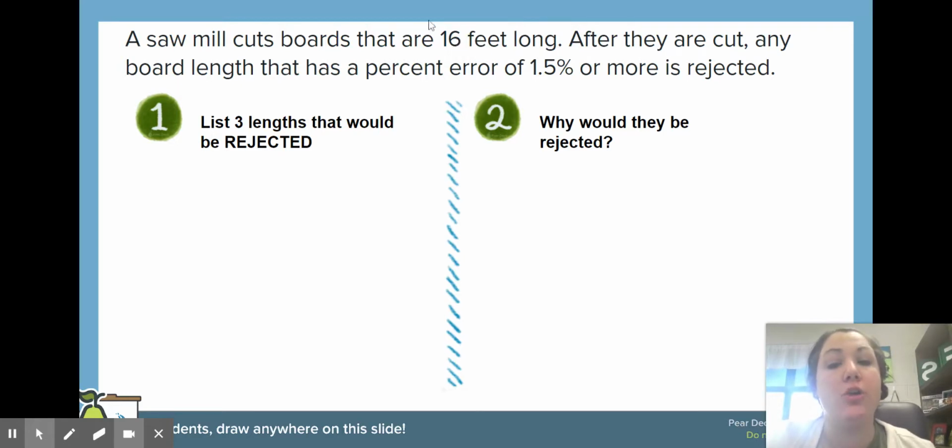You could also reject ones that are more than 3 feet less, such as 10 feet, 11 and a half feet, and even 12.9 feet, because all of those are more than 3 feet less.